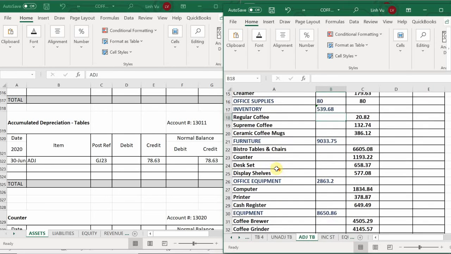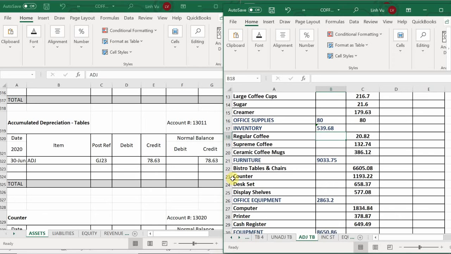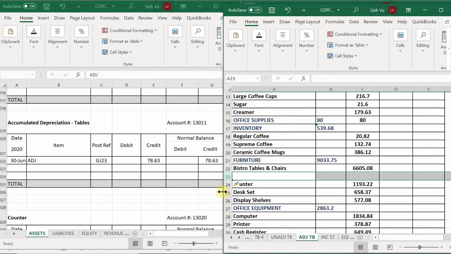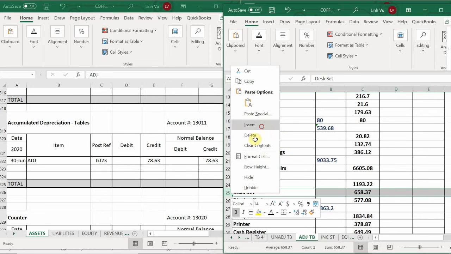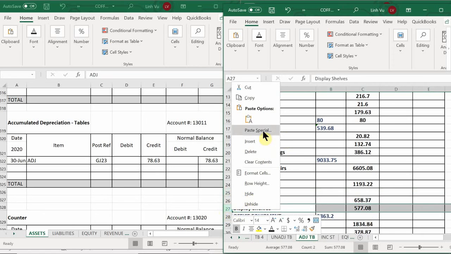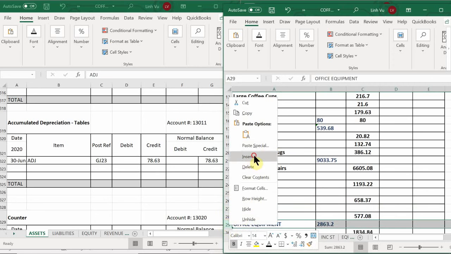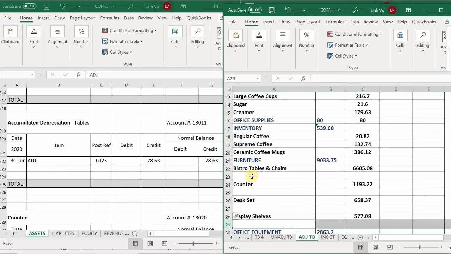So let's take a look. Okay, so we have accumulated depreciation for the tables, the counters, the desk, and the display. Okay, so for furniture, in this case, I'm going to go ahead and put accumulated depreciation, tables.